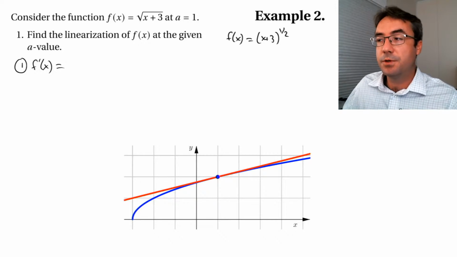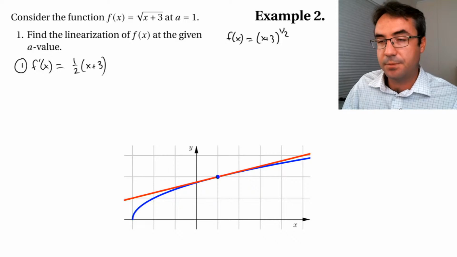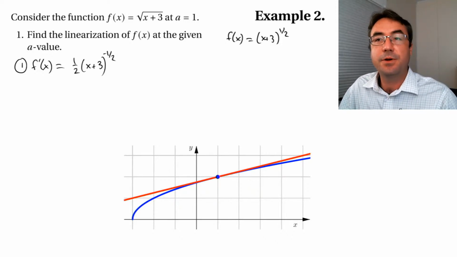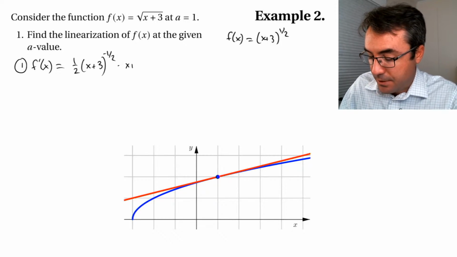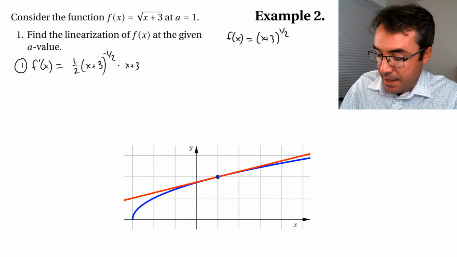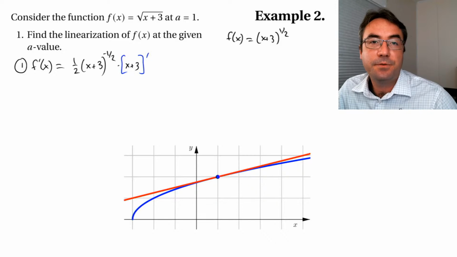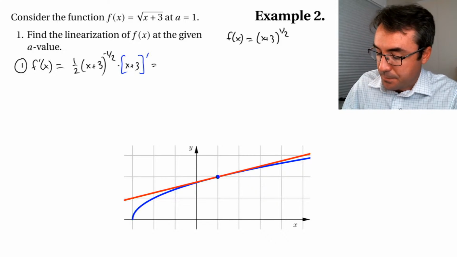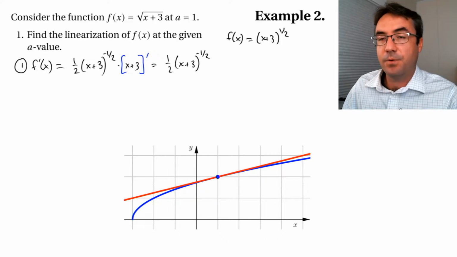So general power rule says we bring down the 1/2, put it in front, keep what we have inside the parentheses exactly the same, subtract 1 in the exponent to bring us down to negative 1/2, and then we take the terms that are inside the parentheses and multiply by their derivative. So the derivative of x plus 3 is just 1, so I won't write that. So our derivative is just 1/2 x plus 3 to the negative 1/2 power.